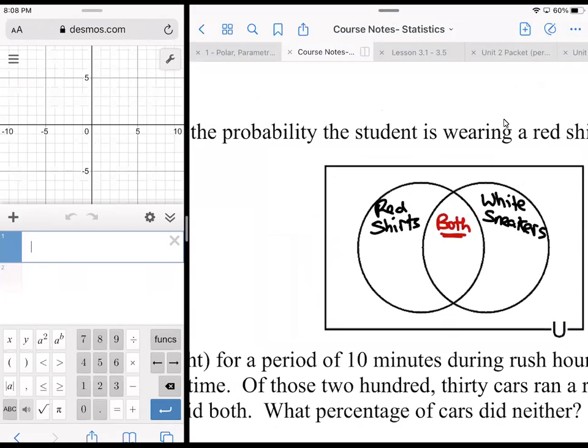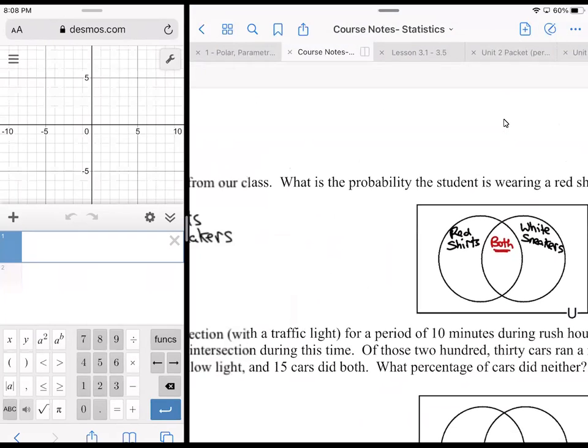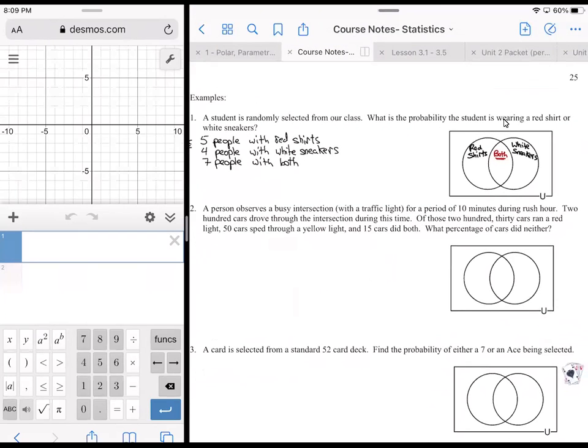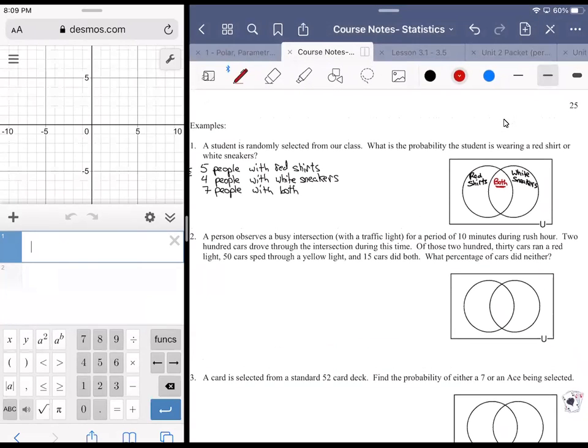And I think hopefully it's pretty clear what the both is referring to, right? Both red shirt and white sneakers. So when I say 5 people with red shirts, because they're not in the both category, those would be people that are wearing red shirts, but not white sneakers, all right?